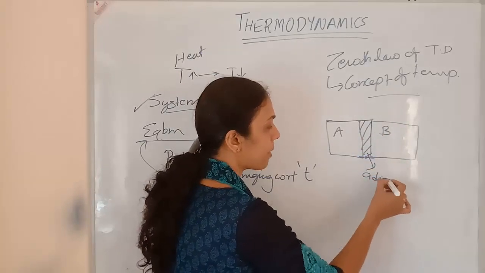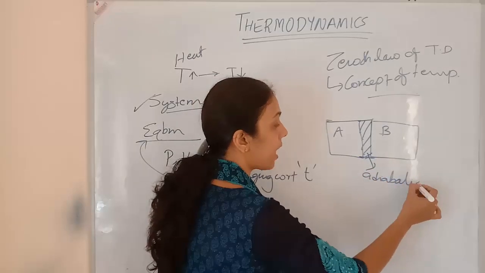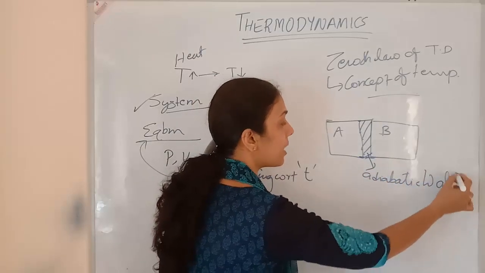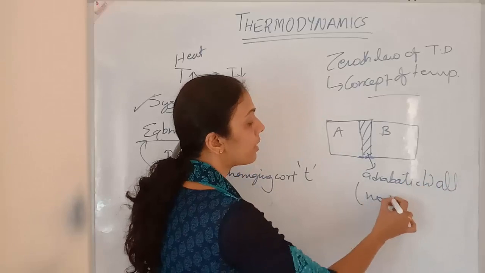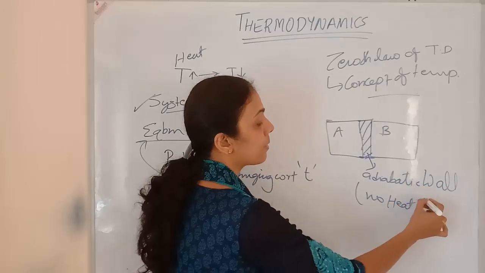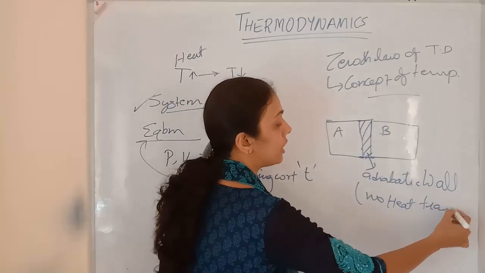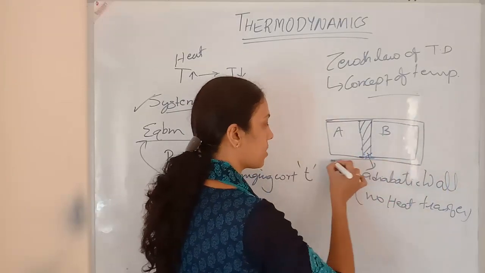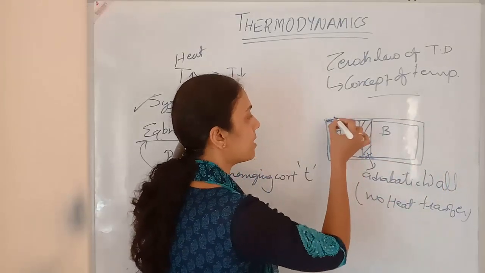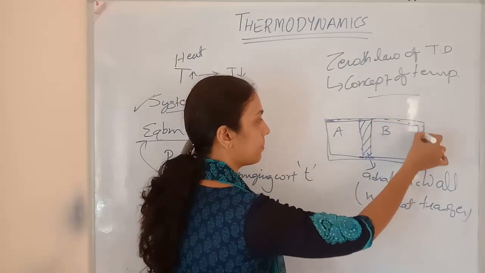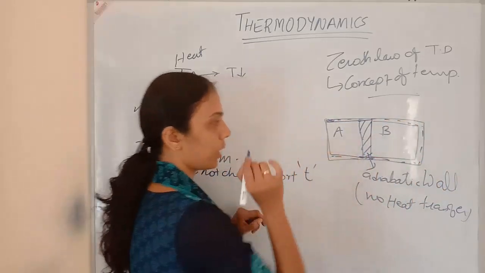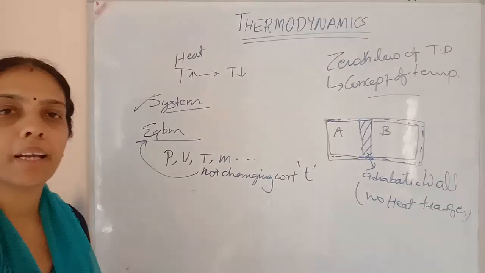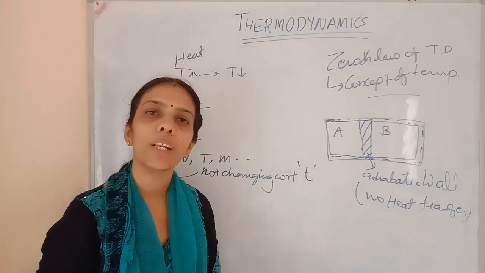What is meant by adiabatic wall? Adiabatic wall means no heat transfer between these two systems, and it is thermally insulated outside. The outside part is thermally insulated, and the two systems are separated by an adiabatic wall. What will happen?